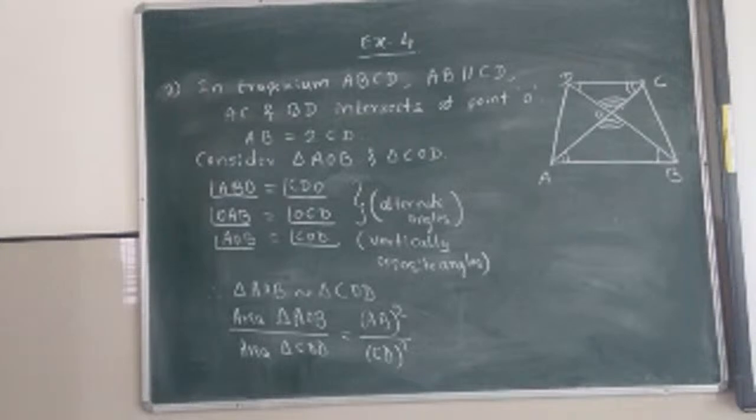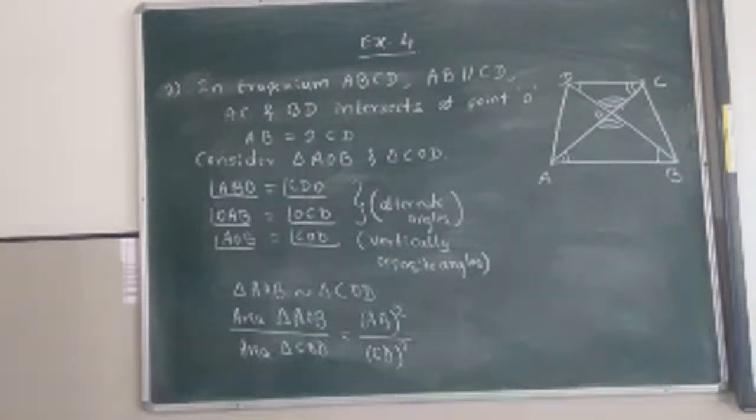In the two triangles, angle ABO is equal to angle CDO, and angle OAB is equal to angle OCD, because they are alternate angles. Given that AB is parallel to CD, and if two parallel lines are intersected by a transversal, then the alternate angles are equal.